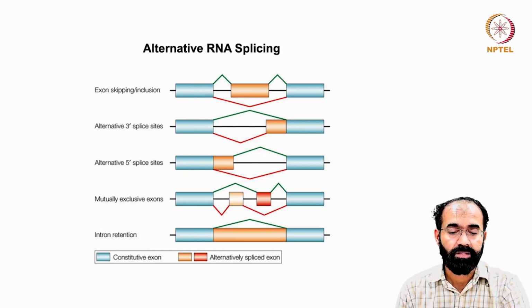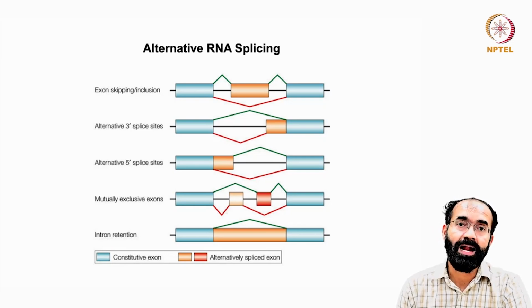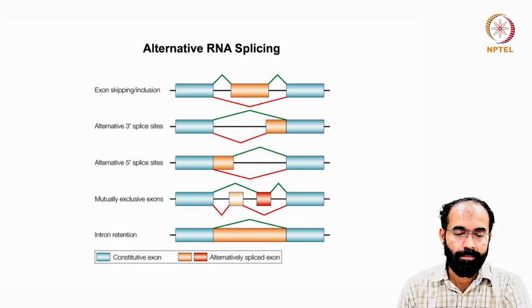If it is doing it here, the blue exon fuses with the blue exon. If it is doing it here, it will include a part of the intron also. Whereas in another scenario, it is doing exon 1 and going to the correct exon. So this is by inclusion of an alternative 3' splice site, and then inclusion of an alternative 5' splice site.